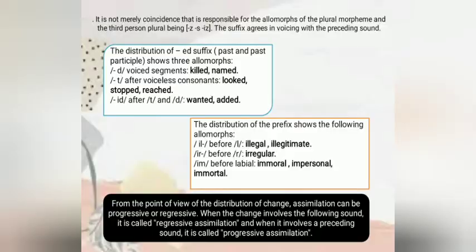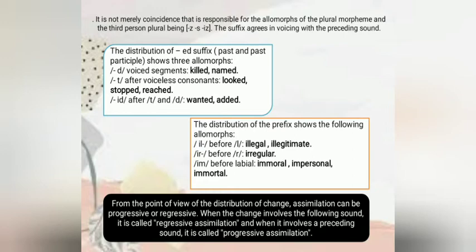It is not merely coincidence that is responsible for the allomorphs of the plural morpheme and the third person singular being z, s, and iz. The suffix occurs in voicing agreement with the preceding sound. The distribution of ed suffix, past and past participle, shows three allomorphs.